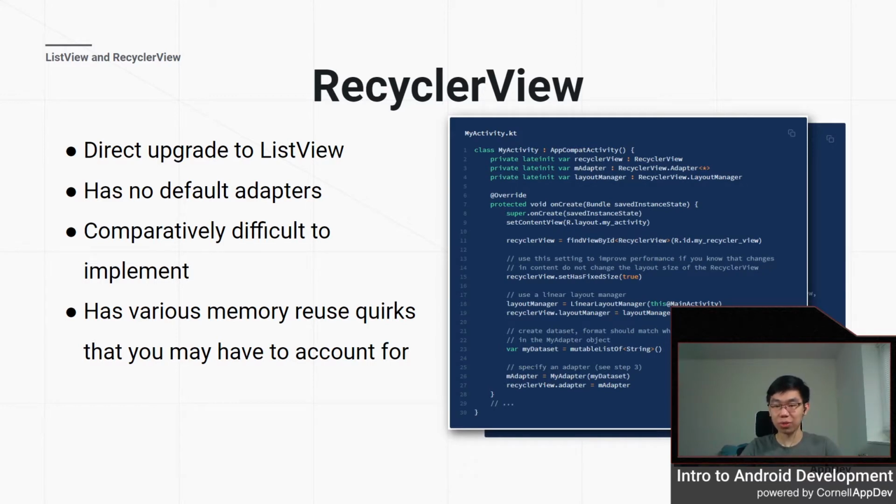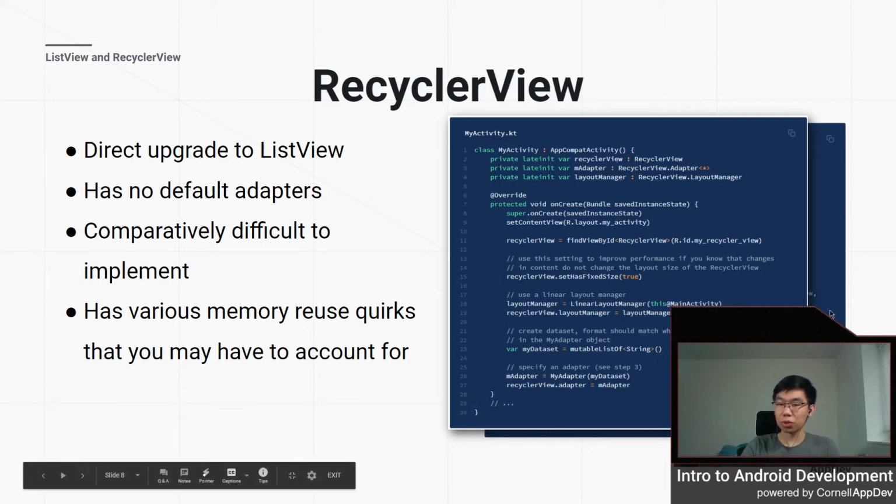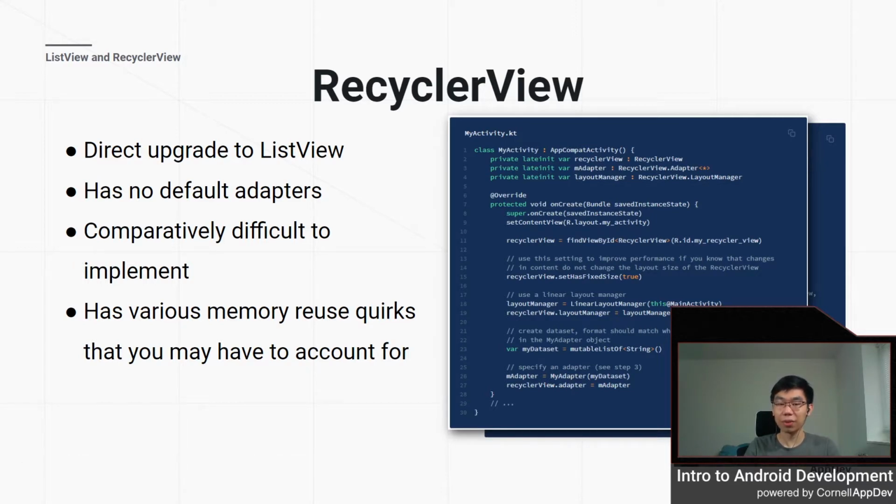And Leslie's going to demonstrate this. And then you set up something to fill that out. It's called an adapter. There are default ones and default layouts provided for list view, but with RecyclerView, you set it up yourself. It's comparatively a bit more difficult to implement, but as you can tell, there's just two similarly sized files that you have to set up when it comes to a RecyclerView.